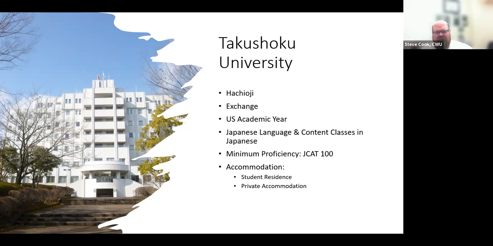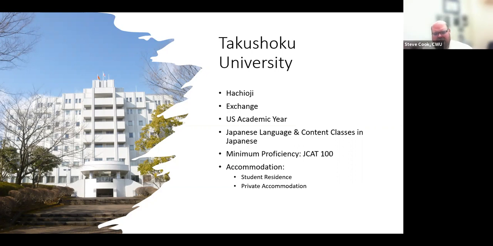This again is really for students of Japanese. So the classes are some Japanese language classes, Japanese as a second language classes, but then content classes that are taught in Japanese. So it does require a high level of Japanese language proficiency and includes a fairly steep learning curve.